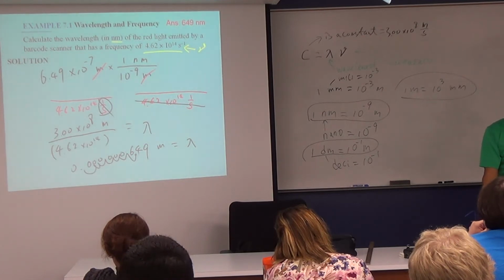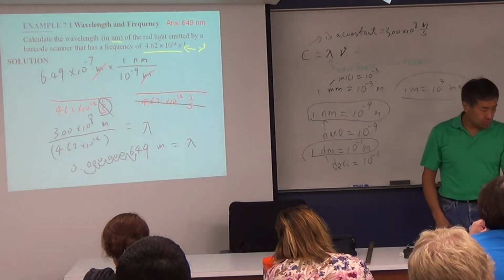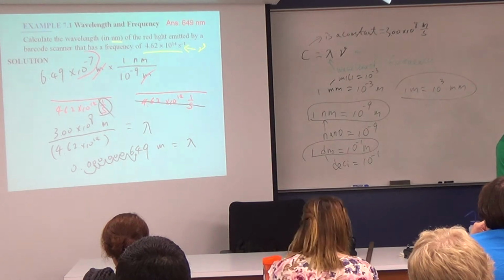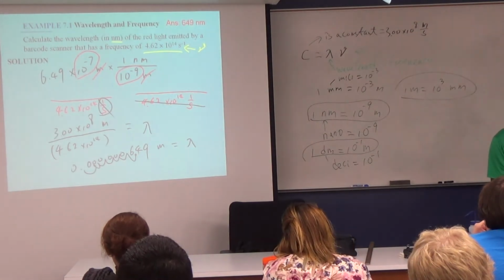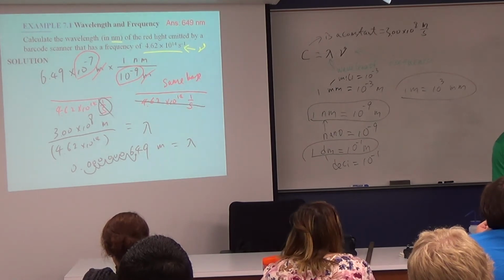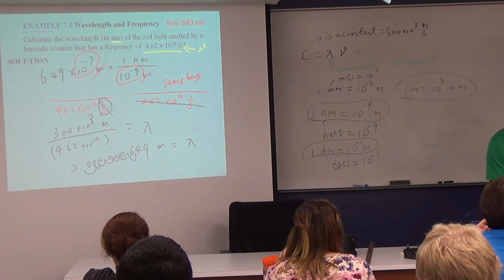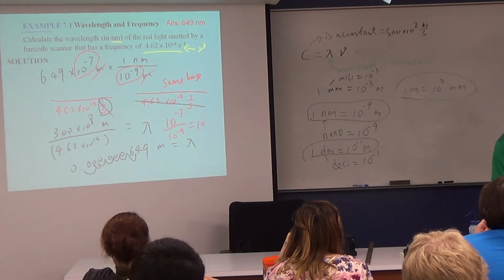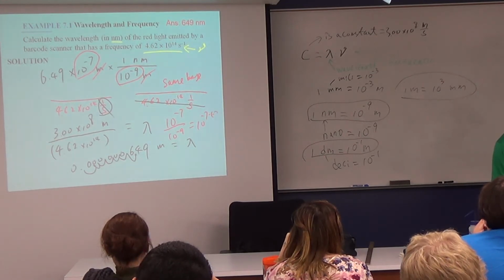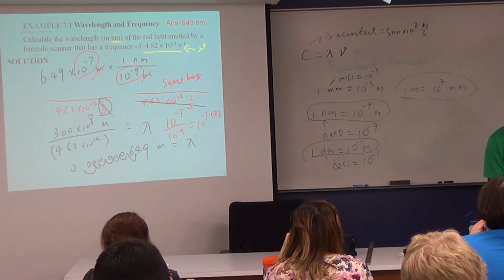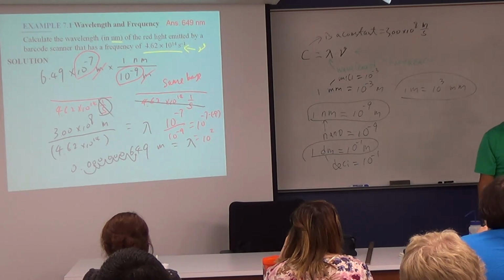Then you can use a calculator, or you can use the order of exponents. You have 10 to the negative 7 here, 10 to the positive 9 here, and we have the same base. So you have 10 to the negative 7 divided by 10 to the negative 9, which equals 10 to the negative 7 minus negative 9, because when you divide, you subtract the exponents. So you get 10 to the positive 2.